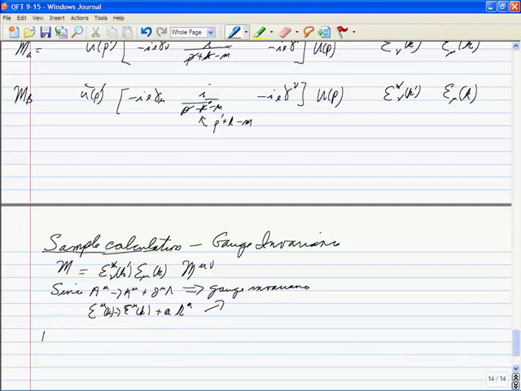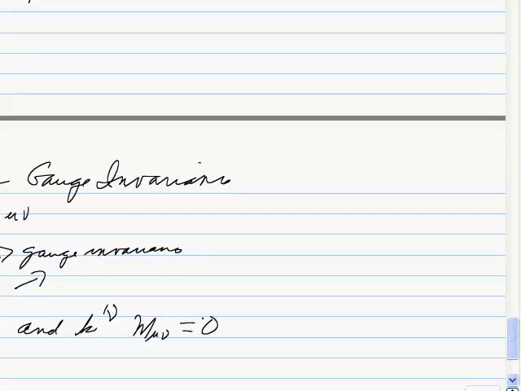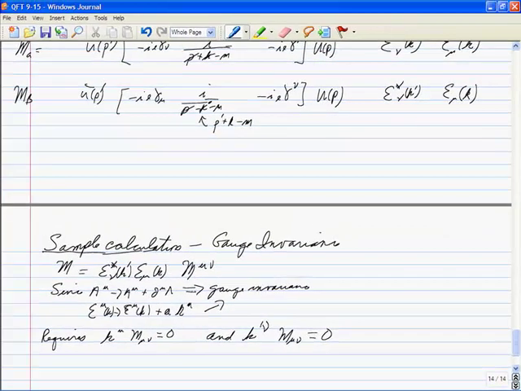So this then requires k mu M mu nu equals 0 and k prime nu M mu nu equals 0. So it's specific. k goes onto the index that the epsilon for its polarization gets dotted into, and k prime goes to the other index.